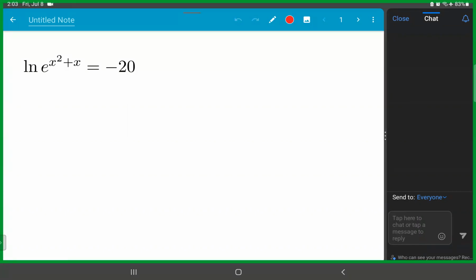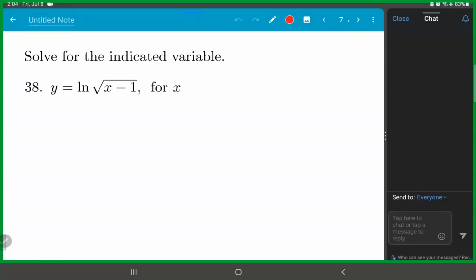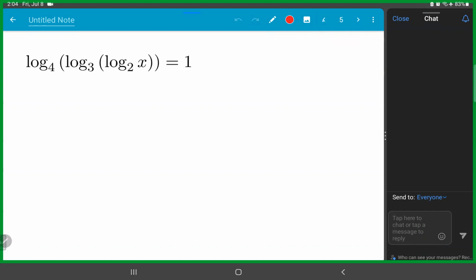So for this session, we will have logarithmic equations. There are also other types of logarithmic equations that I will be doing in the next class.